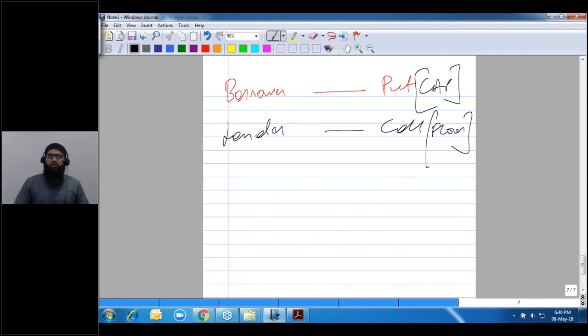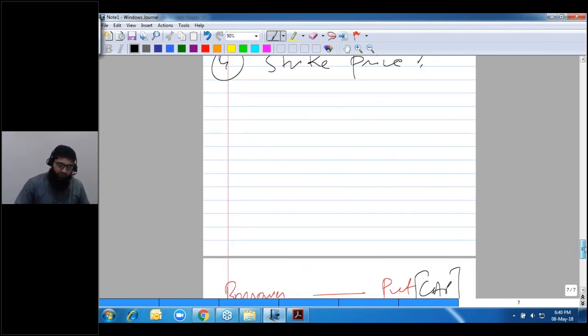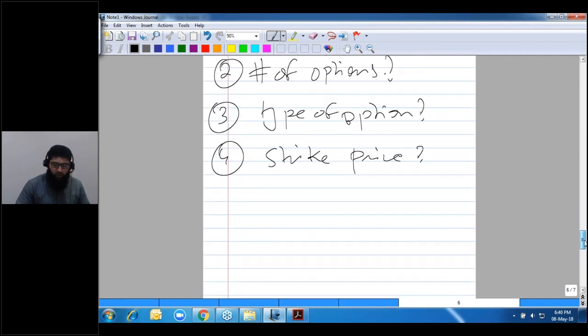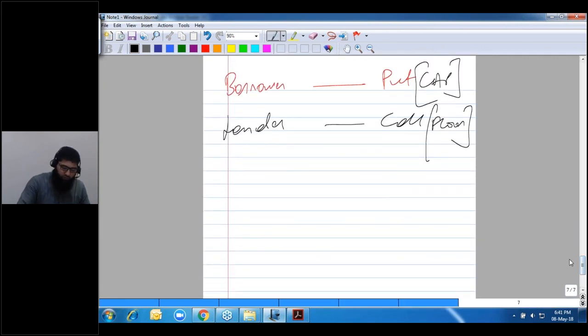Somebody amongst you might ask why exactly this happens this way. I'm going to explain that in a while. Right now, just look at it that a borrower goes for a put and the lender goes for a call. So the first thing is to identify which option.